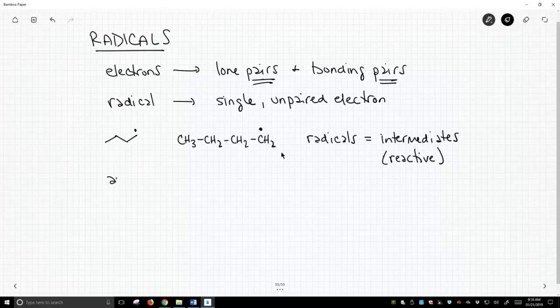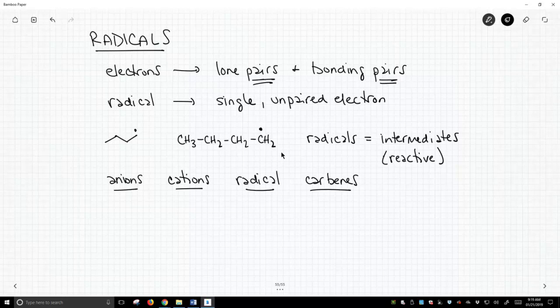Well, there are anions, there are cations, and we've seen both anions and cations, plenty, especially anions. There are radicals. So now we've hit the third example in these intermediates. And the last one for carbon atoms they're called carbenes. We will introduce carbenes extremely briefly, but we won't really learn much of their chemistry.